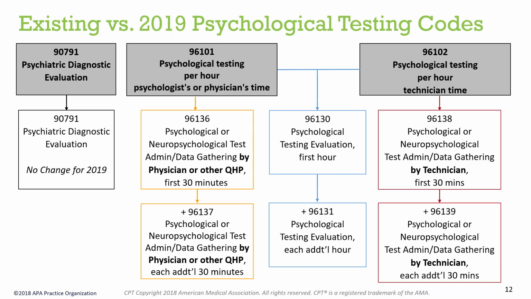If you scan all the way over to the gray box on the right-hand side, 96102, that's psychological testing per hour by technician. That code will be deleted and will be replaced by 96138, your base code for psychological or neuropsychological testing by technician for the first 30 minutes, and 96139, the add-on code for each additional 30 minutes.